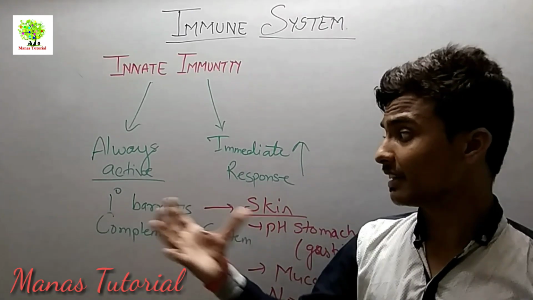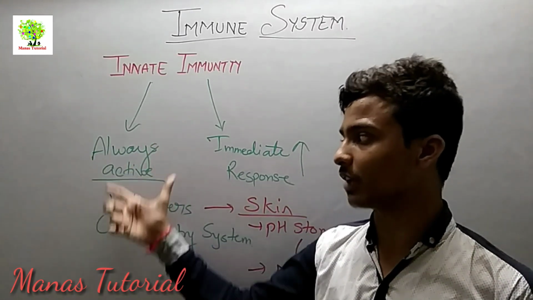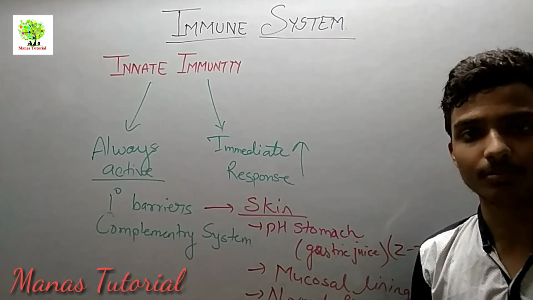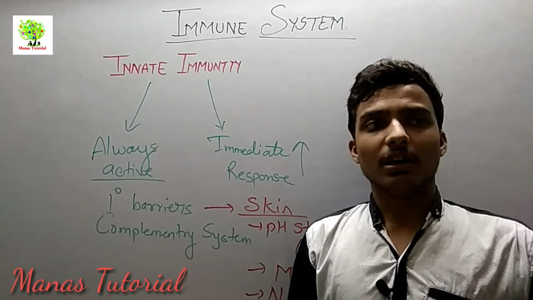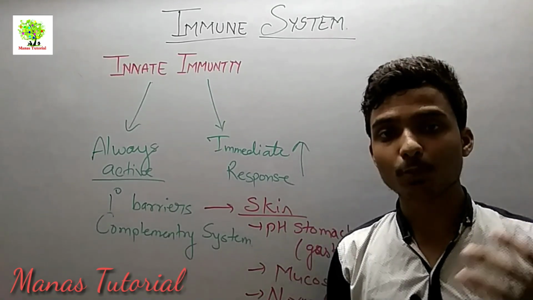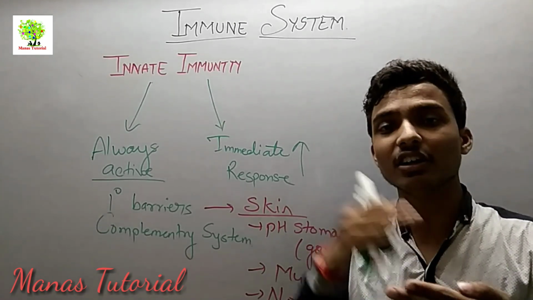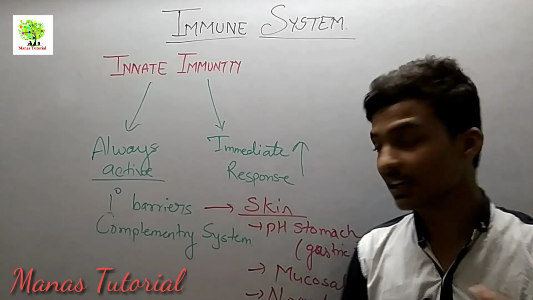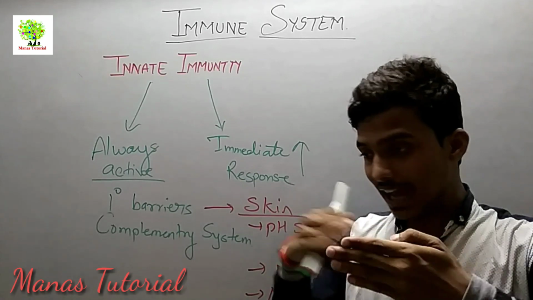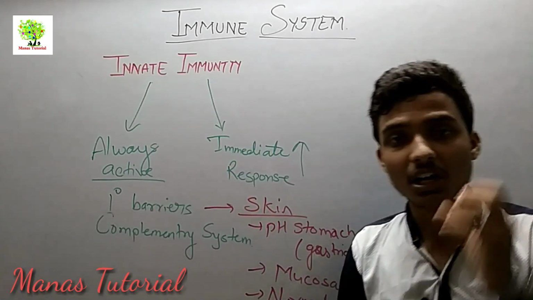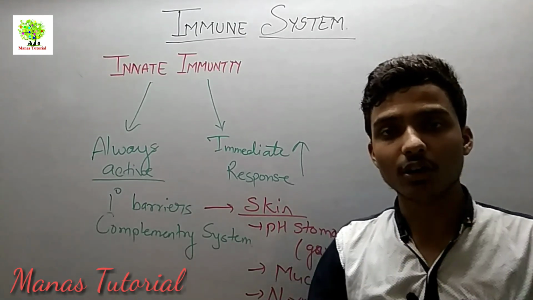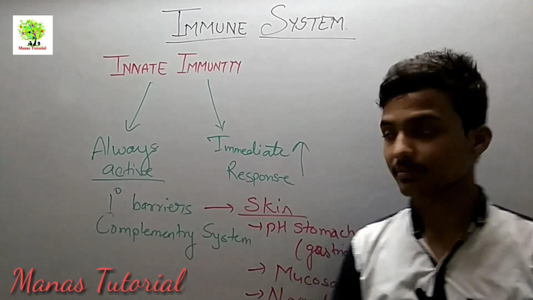The other always active type is the complement system. In the complement system, there are many proteins or enzymes which act in a cascade manner, and after activation, they create pores in the bacteria, which leads to killing of the organism.